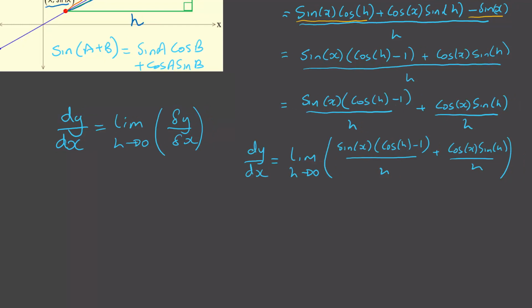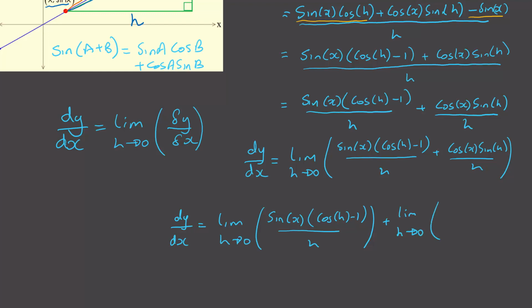So just as we did with the multiplication before, there is a law of limits that says dy dx is the limit as h tends to 0 of sine x, cos h take 1 over h, plus the limit as h tends to 0 of cos x sine h over h.